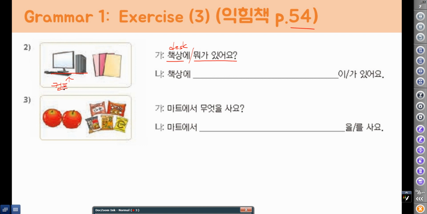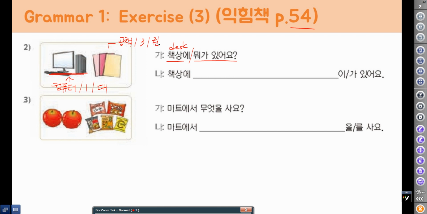Right, desktop computer. And then this one. Say notebooks. Okay, 공책. So how many? 1. How many? 3. And the counter for computers or laptops or fridges. Remember? 대. And then the volumes.